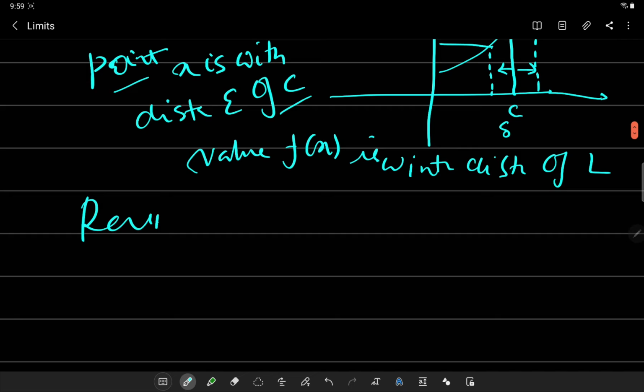This is a revision session on limit formulas.